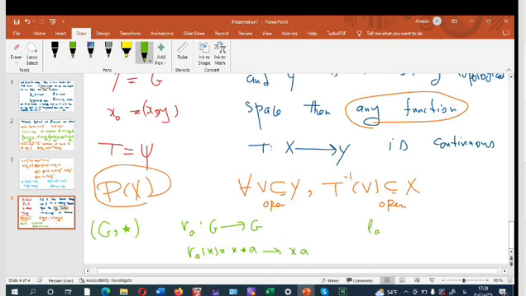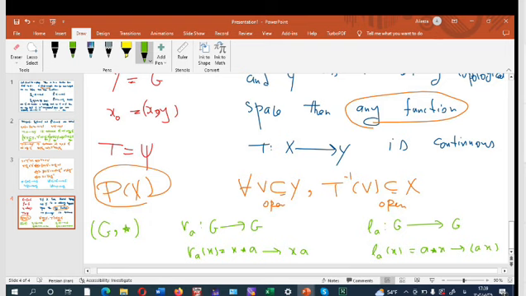And also La from G to G is this function, La of x equals A star x, or simply Ax.